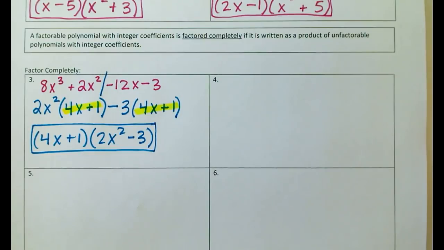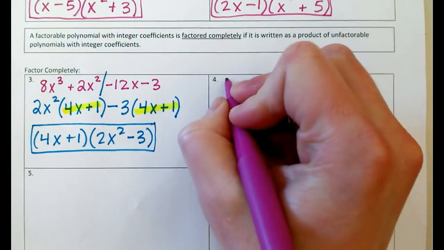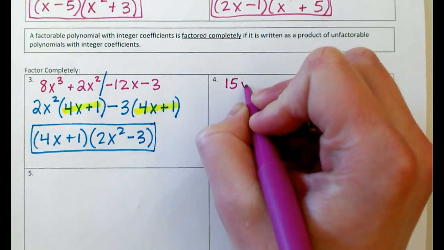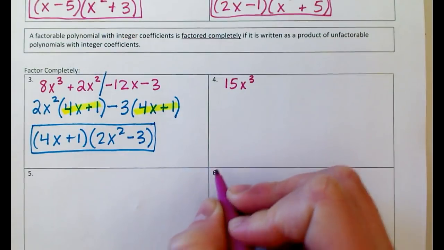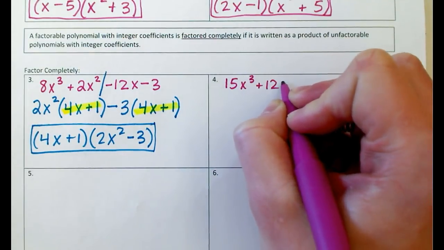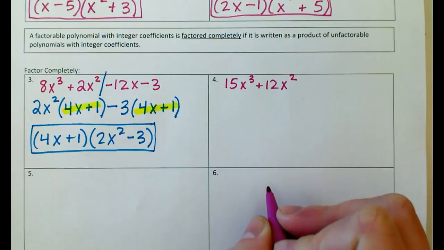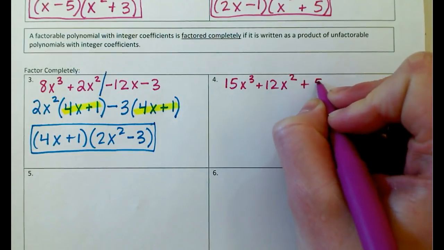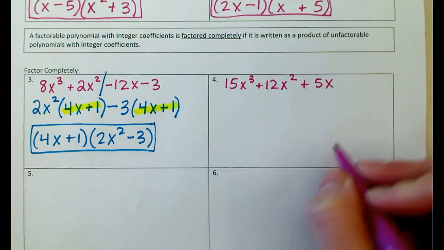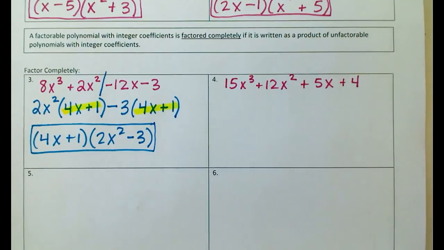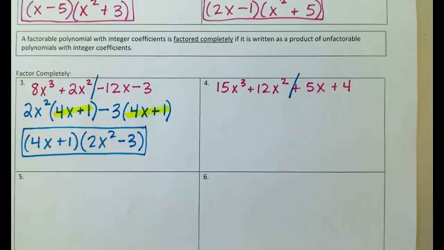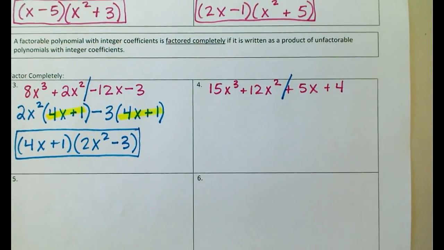All right, number 4. 15x cubed plus 12x squared plus 5x plus 4. Cut the problem in half, and let's start by factoring.